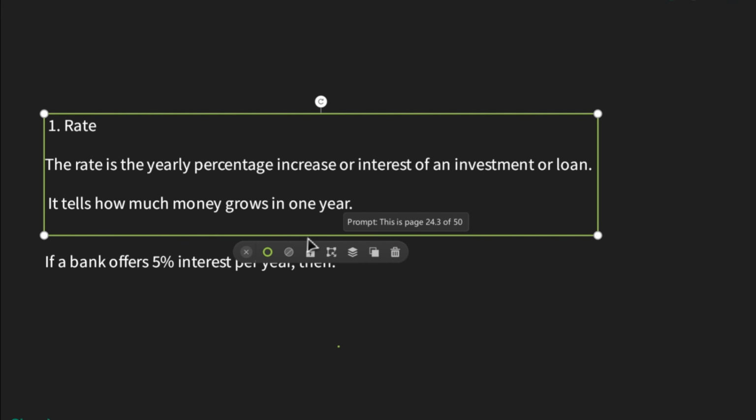So the rate is the yearly percentage increase or interest of an investment or loan. It tells how much money grows in one year.